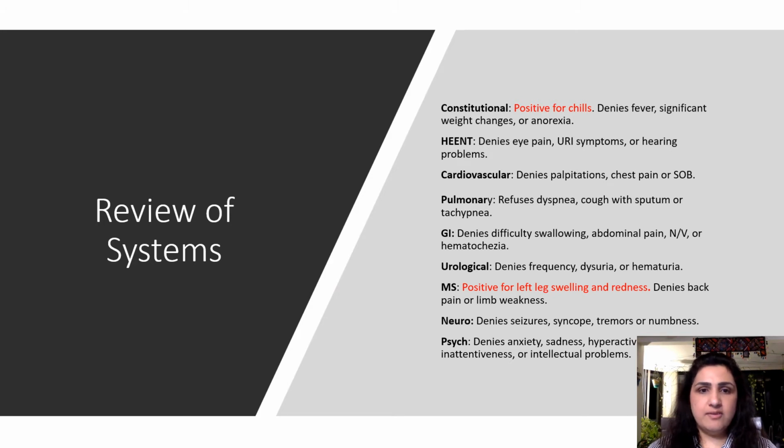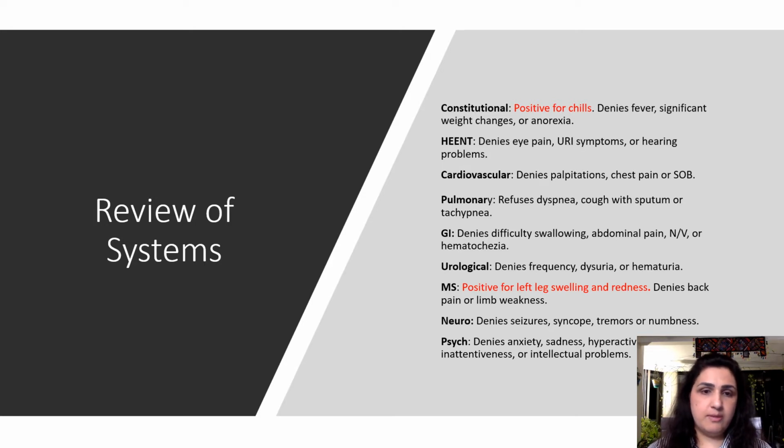For the review of systems, all the system symptoms were negative except the constitutional symptoms. He did agree to having chills, but denied having fever. The rest of the system symptoms were negative.